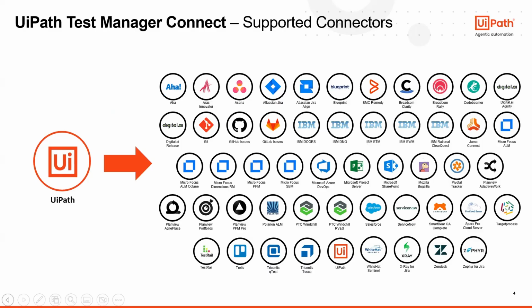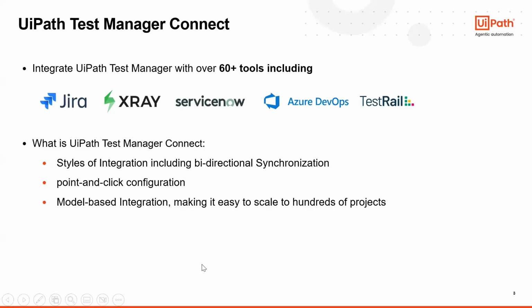A few other points to discuss about UiPath Test Manager Connect. The first one is the styles of the integration. Not all customers are interested in bidirectional sync. Say they want to apply a limitation that they want synchronization only from ADO to UiPath, not vice versa.